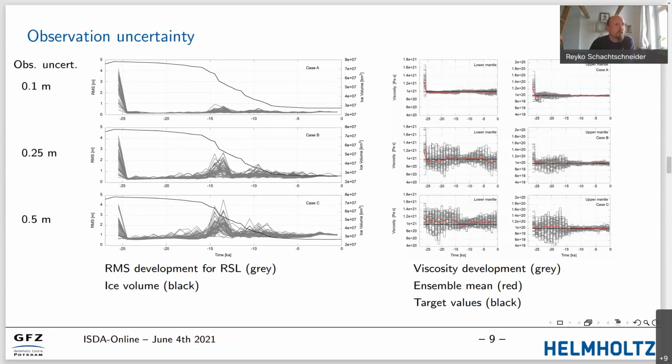On the right-hand side, you see the development of the viscosity for the lower mantle in the left column and the upper mantle in the right column. The black line is the target viscosity of the reference model, and the red line is the ensemble mean.